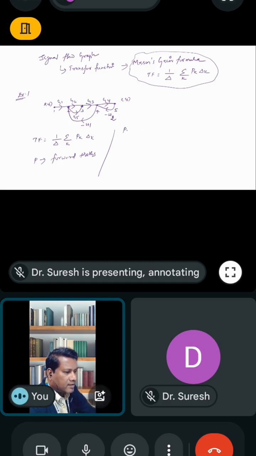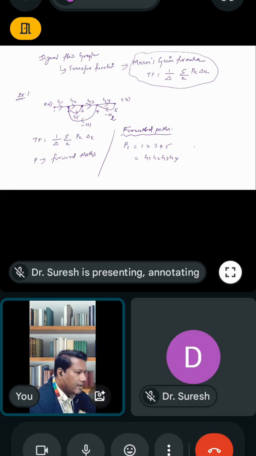So in this, the forward path starts with the first, P1. It consists of nodes 1, 2, 3, 4, 5 and the corresponding gains G1, G2, G3, G4.